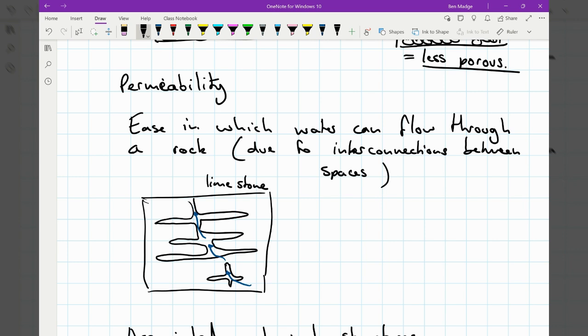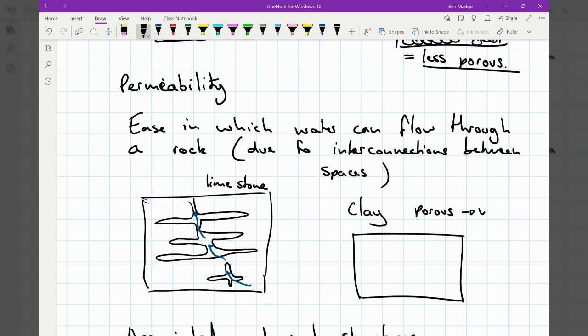You have things like clay, however, which is not a rock, it's a bit more solid than that. Clay is porous, so it has pores, but they are very small. And this basically means that a block of clay is impermeable because the pores are too small to allow water to flow easily through it.